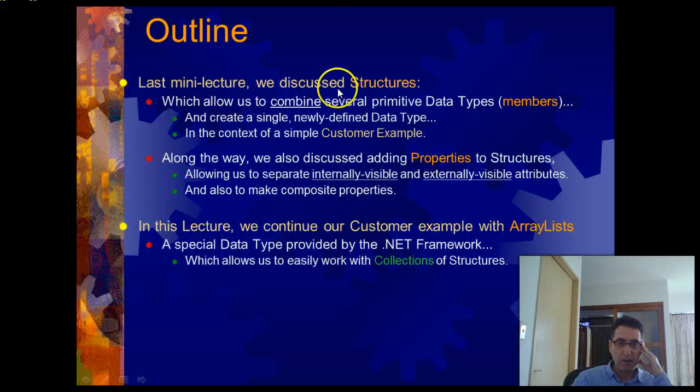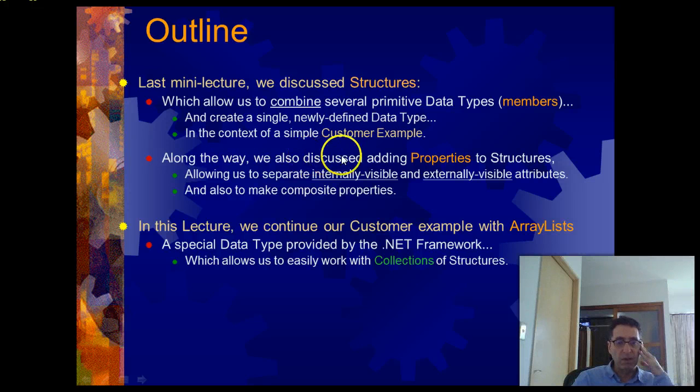So in the last mini lecture, we discussed structures, which allow us to combine several primitive data types, meaning strings and integers, as members, and we created a single newly defined data type, customer.